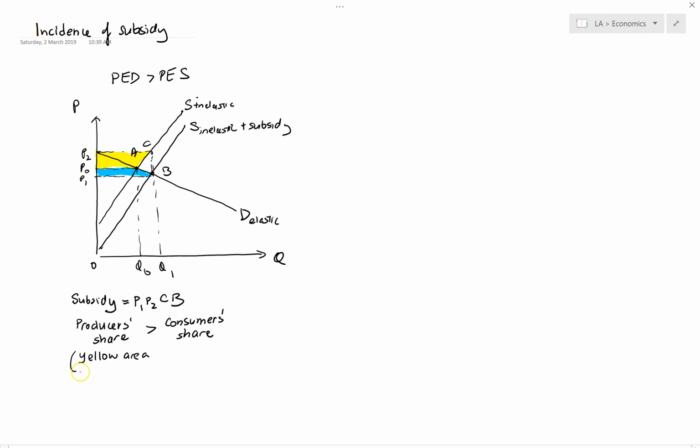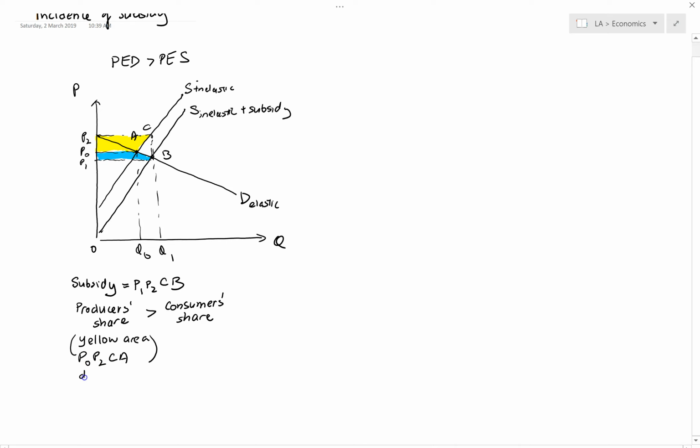Or you can call it P not P2CA, due to a gain in producer surplus. Consumer share is the blue area.